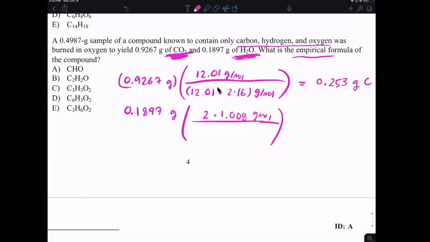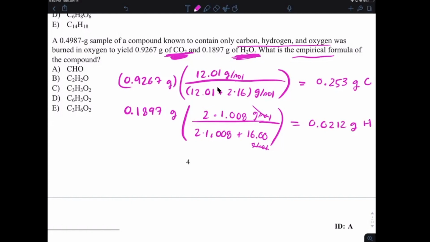And then the molar mass of H2O, which is just 2 times that plus 16-ish grams per mole. And that's going to give us 0.0212 grams hydrogen.